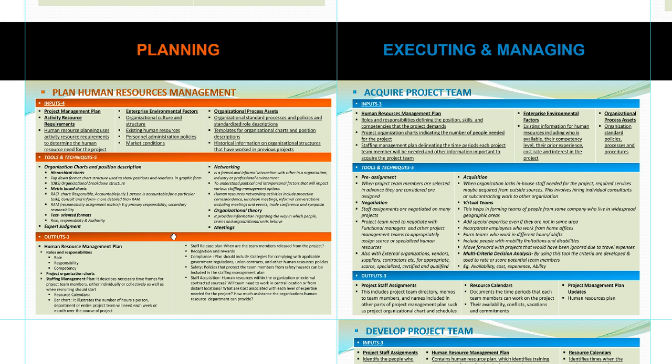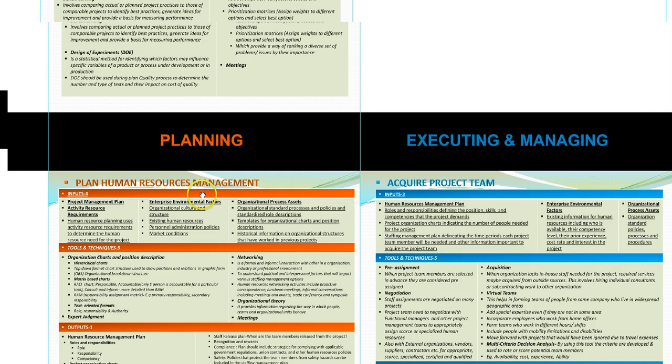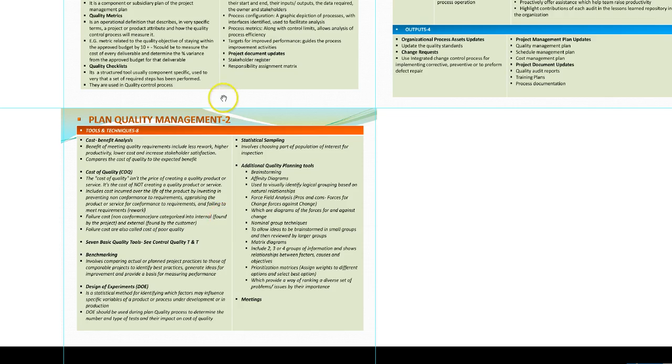Now, the majority of your processes are in the planning process group. I think it's 24. In PMBOK 4, we had just 20. So they added 4 more processes. Like they added plan quality management, which wasn't there before.